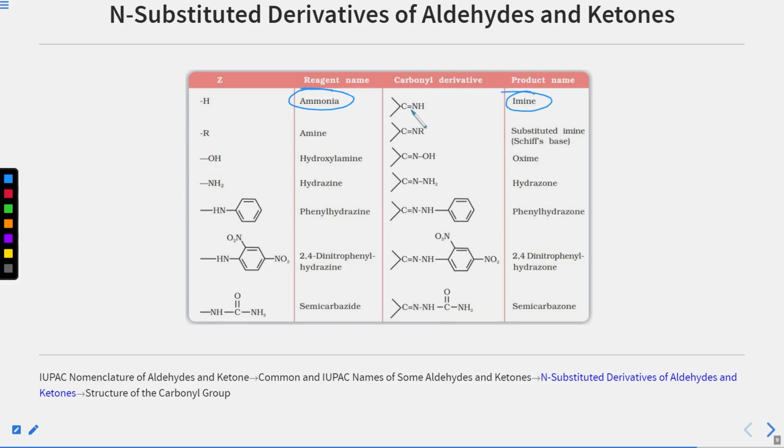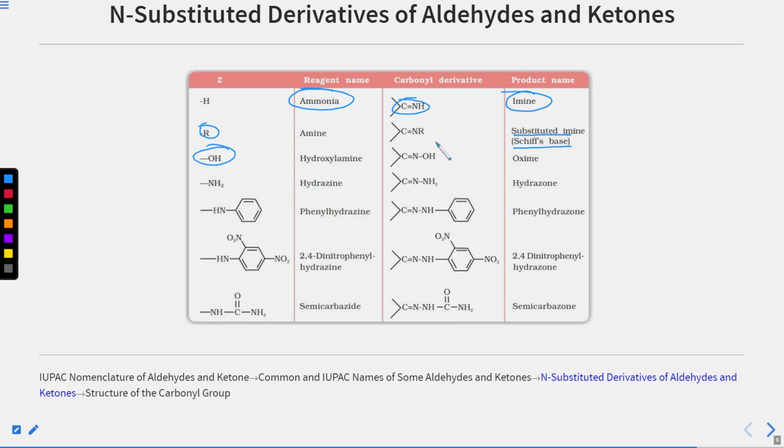So N is double bonded to this carbon that was previously your carbonyl group. Again, what happens if we replace this H with an R? Then it is called substituted imine or Schiff's base. Clear?